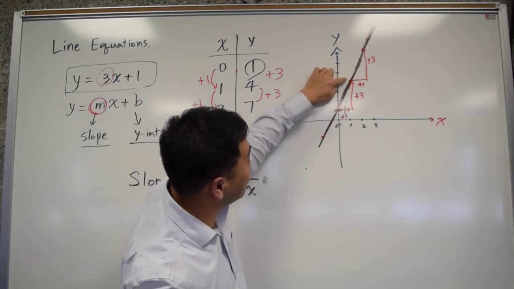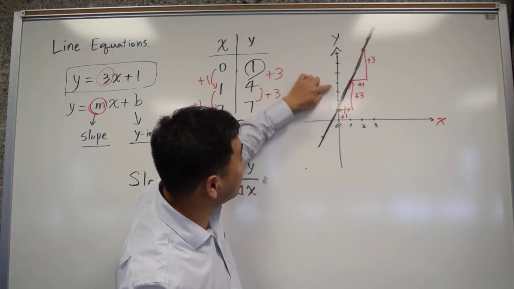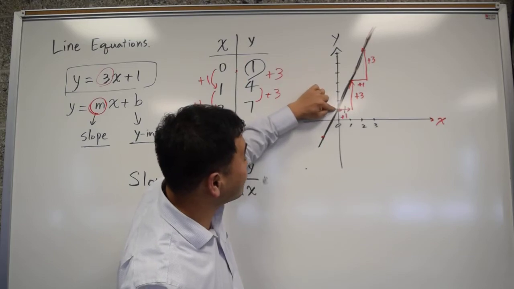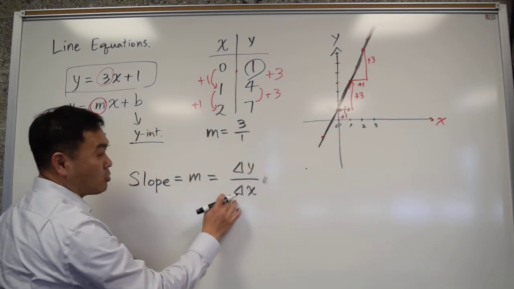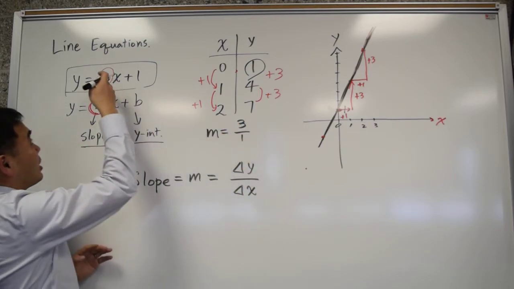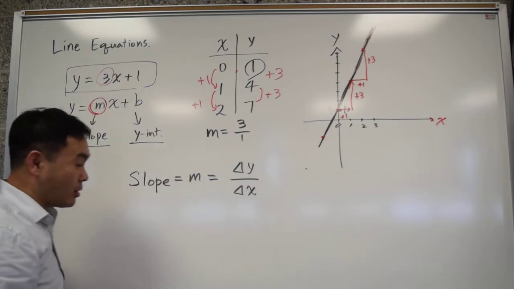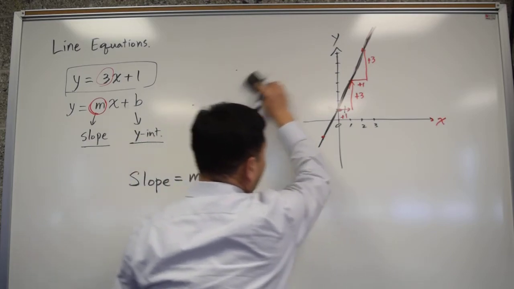So from this point to that point, what's the change in the y-axis? From 1 to 4, that's 3, right? And what's the change in x? 1. So you do change in y over change in x, and you calculate that and get 3 over 1. And then you have this number, you can get it.